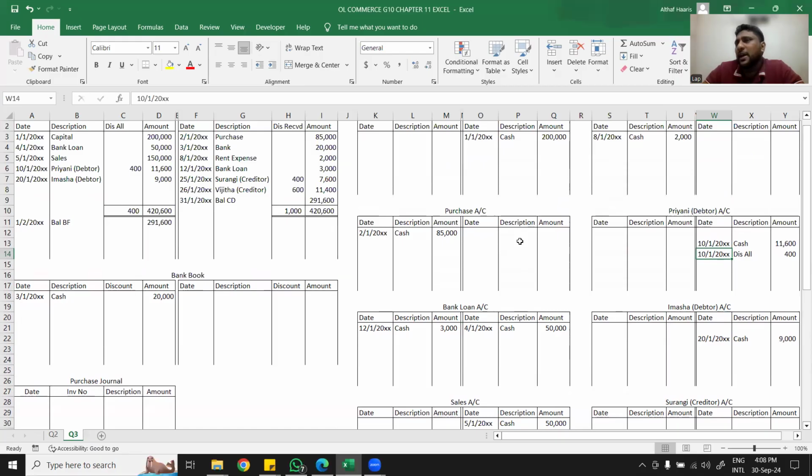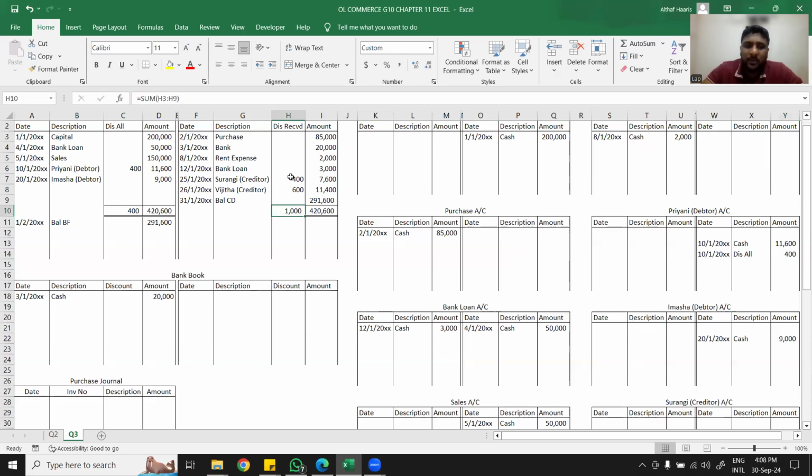There is another possible way you can do this. No need to wait till the last. Different students have got used to different methods. When you write this 11,600, with that you can finish off the credit entry. Later you can put the total debit entry. That way also you can do it.